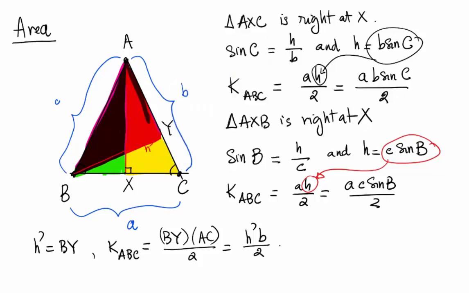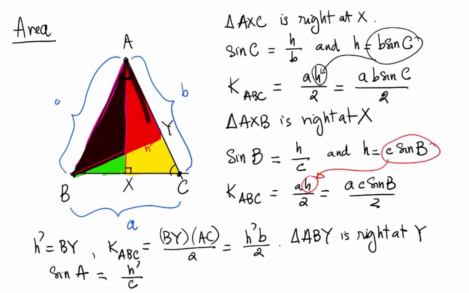Notice that triangle ABY is right at Y. Then sine of angle A, so this angle here, is going to be opposite, which is h prime, over hypotenuse c.